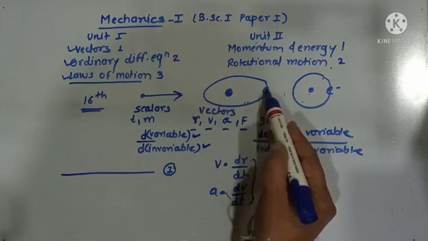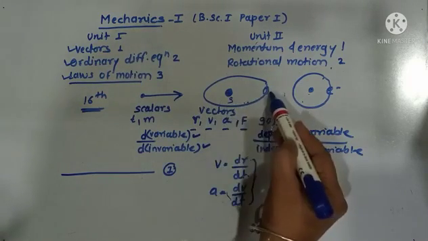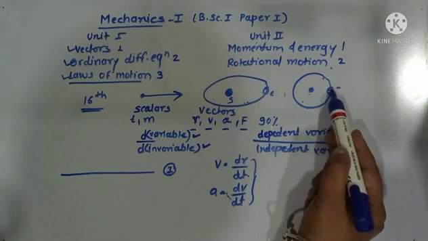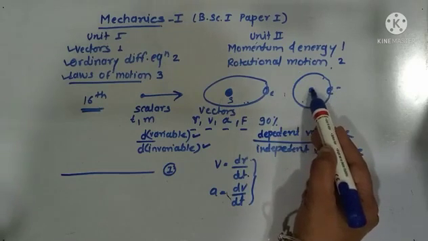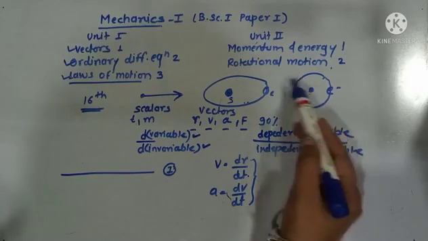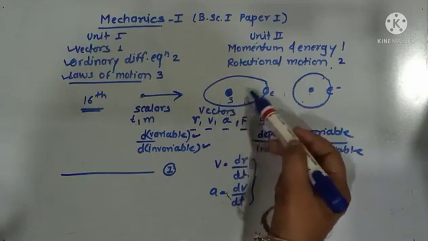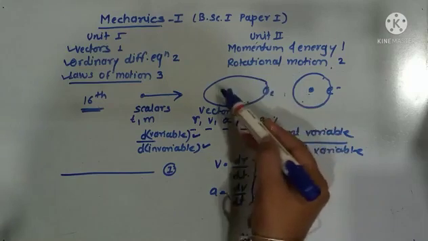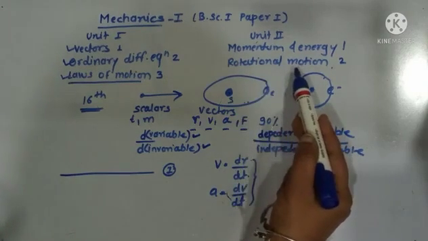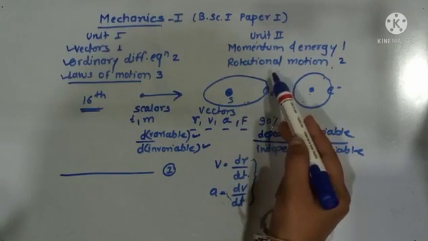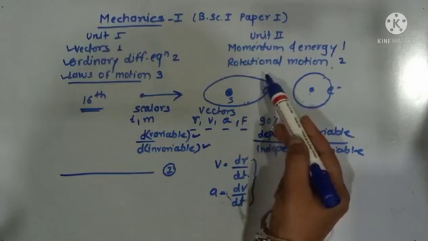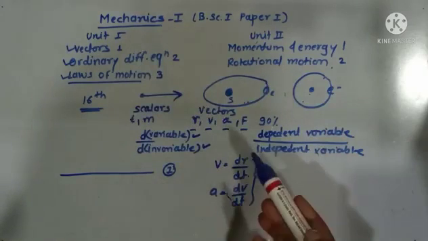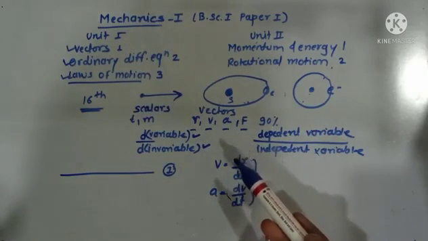Whether it is the motion of the planet around the sun, this is Earth, or the motion of the electron around the nucleus, most of the motions we generally deal with are rotational or circular motion. The rotational motion covers nearly most of the part of the mechanics. That's why it becomes necessary to study the rotational motion when we deal with mechanics.